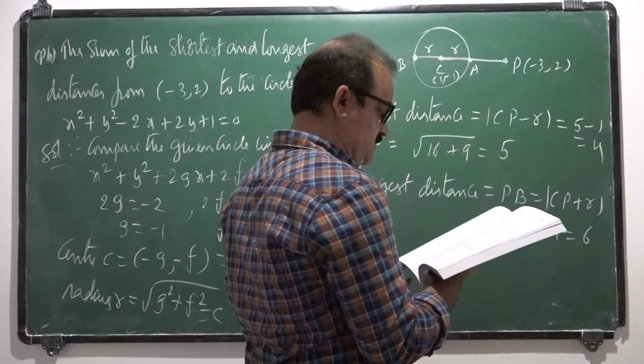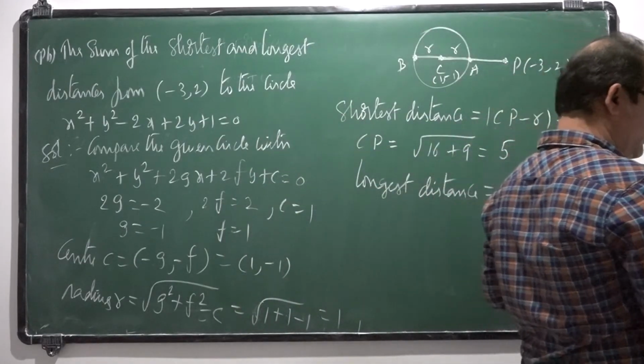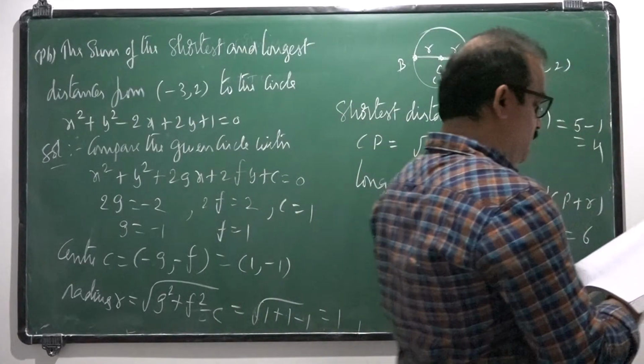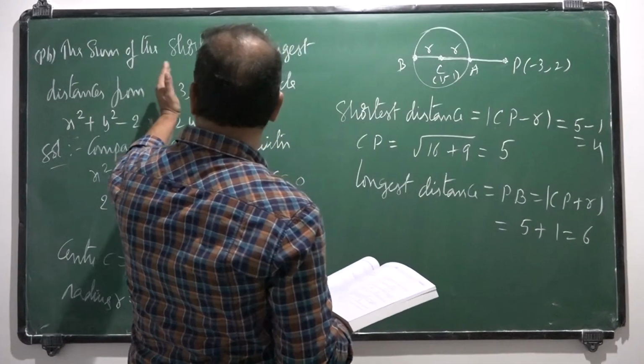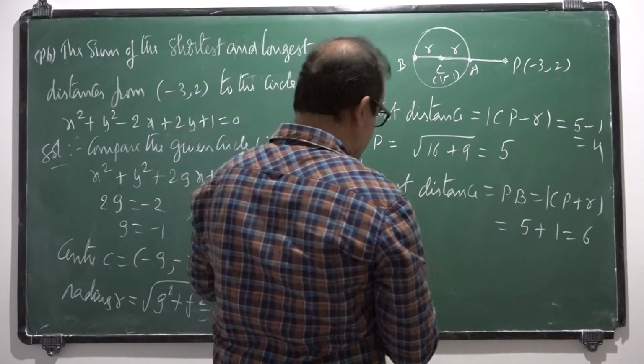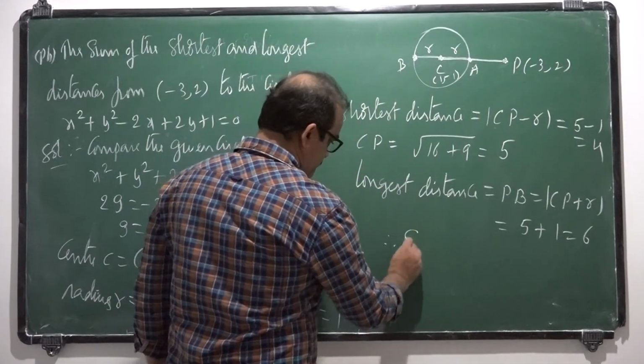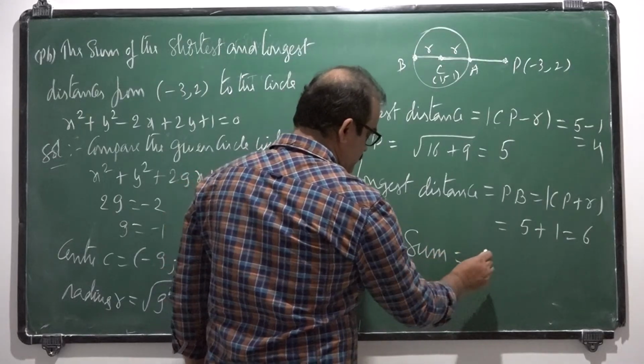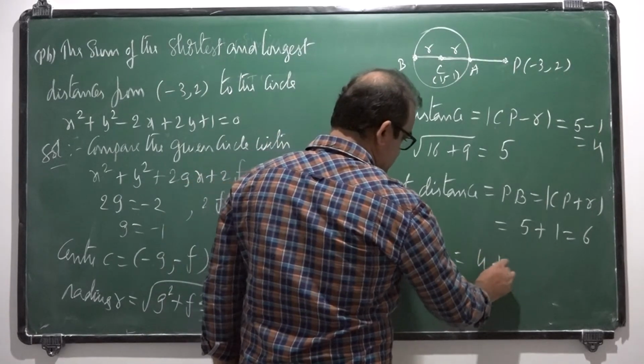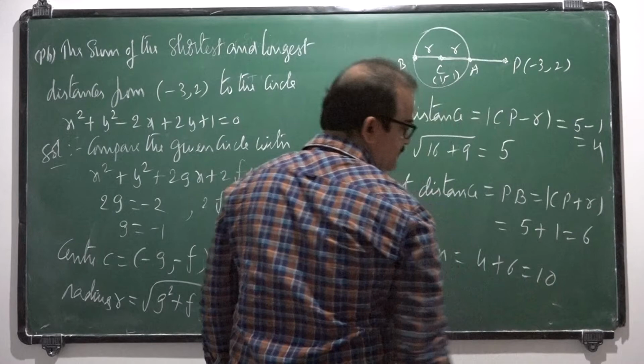Longest distance is 6. Here he asks the sum of shortest and longest distances. Sum is equal to 4 plus 6, that is equal to 10.